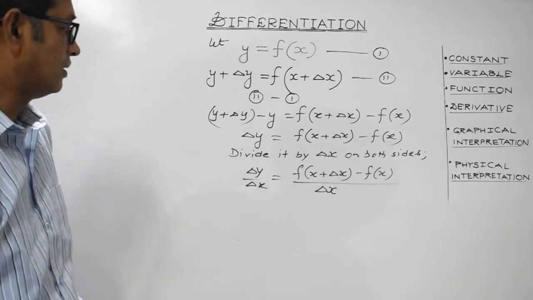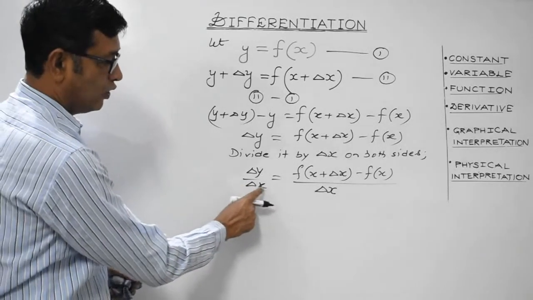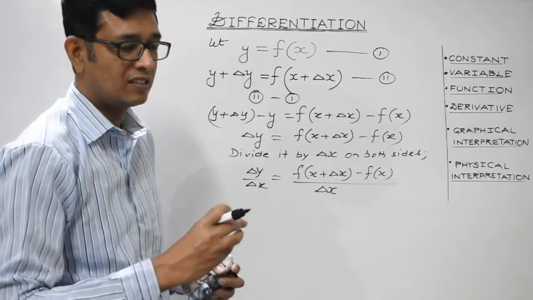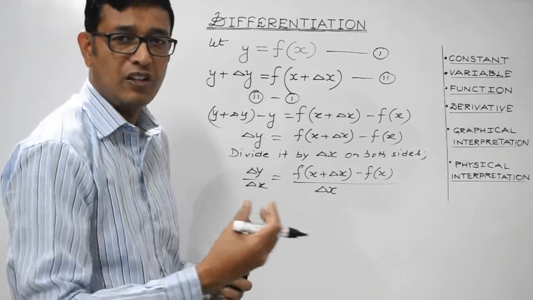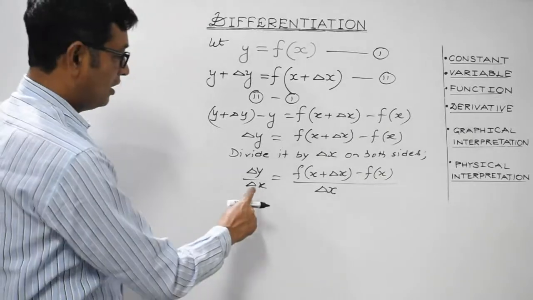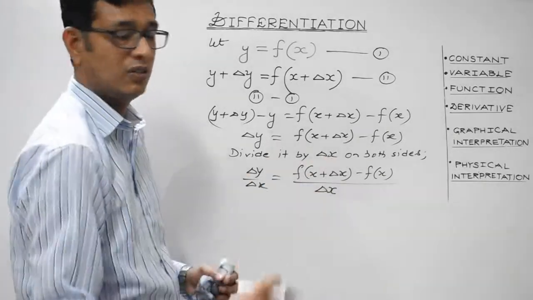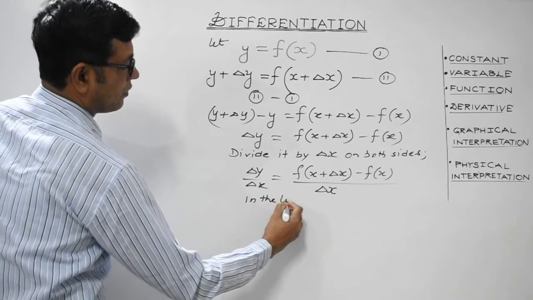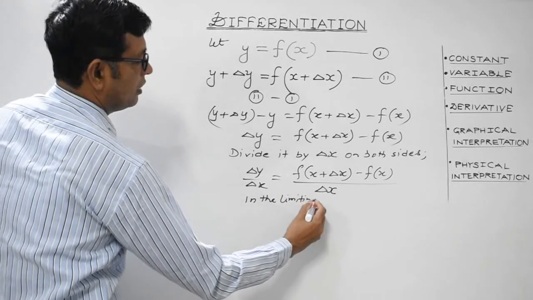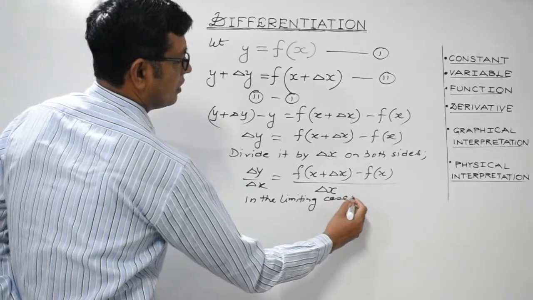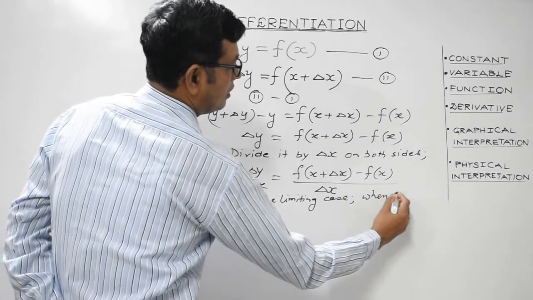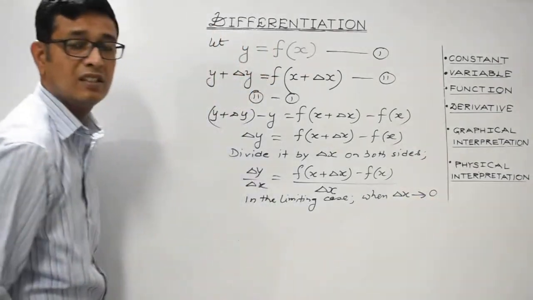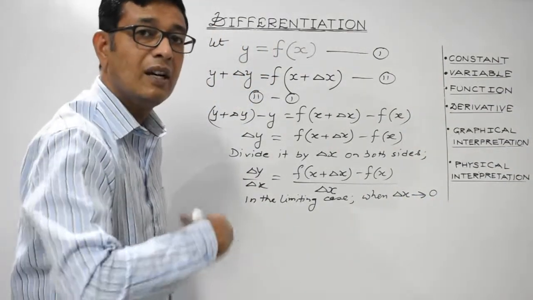Now students, if you take the limiting case, del x actually represents a small change in the value of x. When del x approaches 0, it can't be 0, it approaches 0.